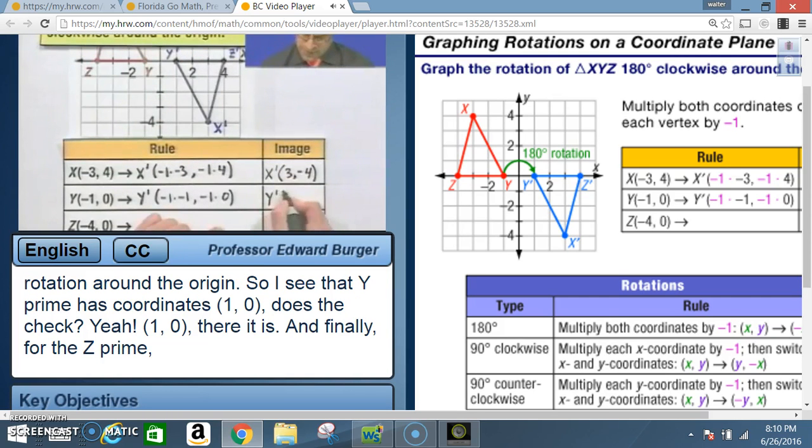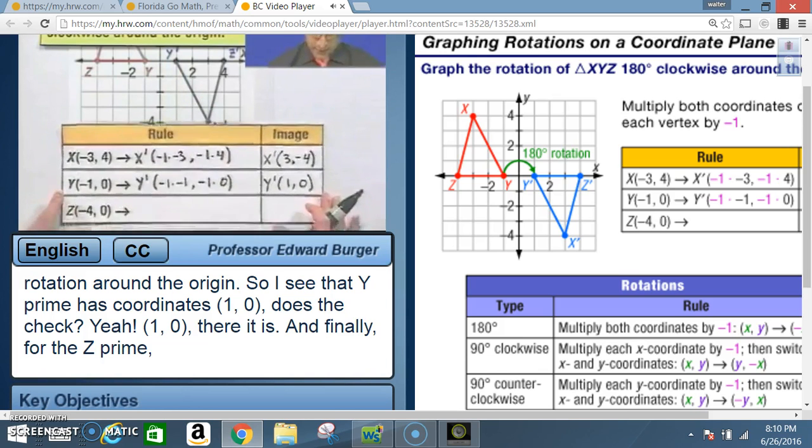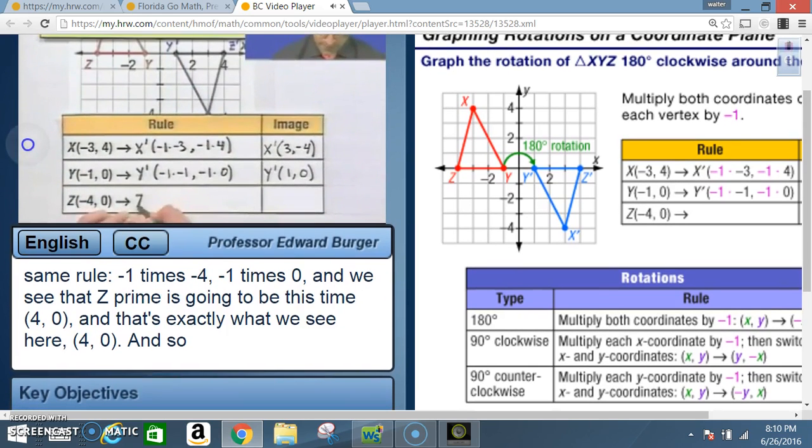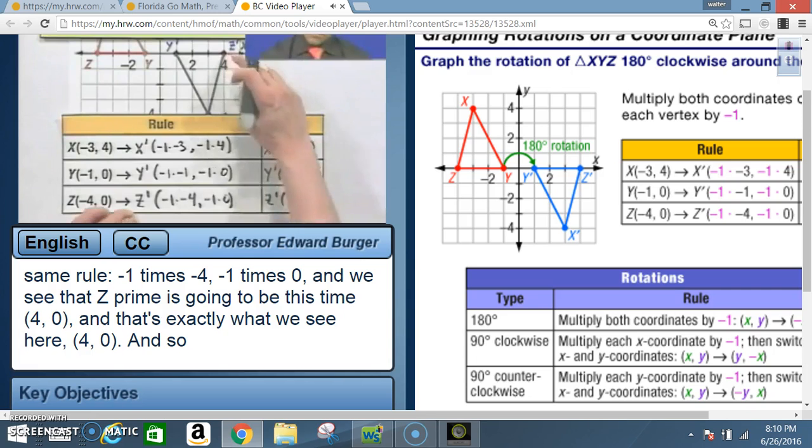So Y prime has coordinates (1, 0). Does that check? Yeah. And for Z prime, same rule: -1 times -4, -1 times 0, so Z prime is (4, 0), exactly what we see here.